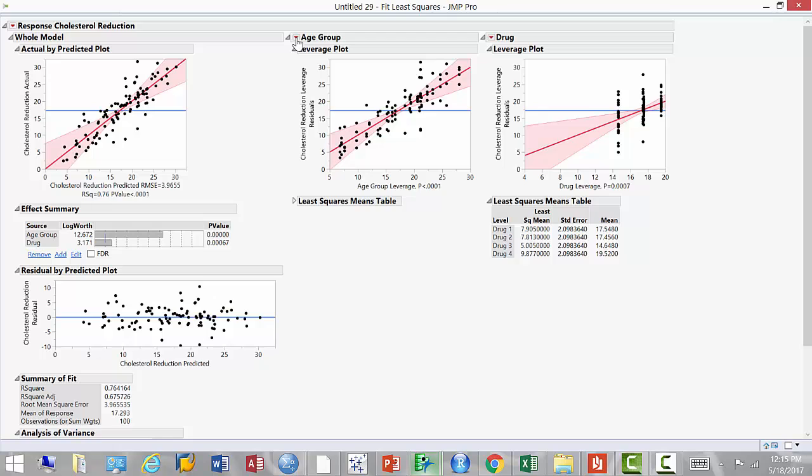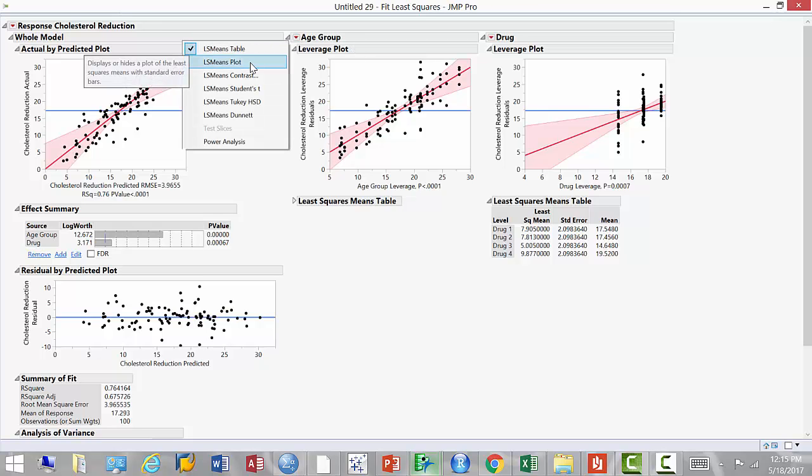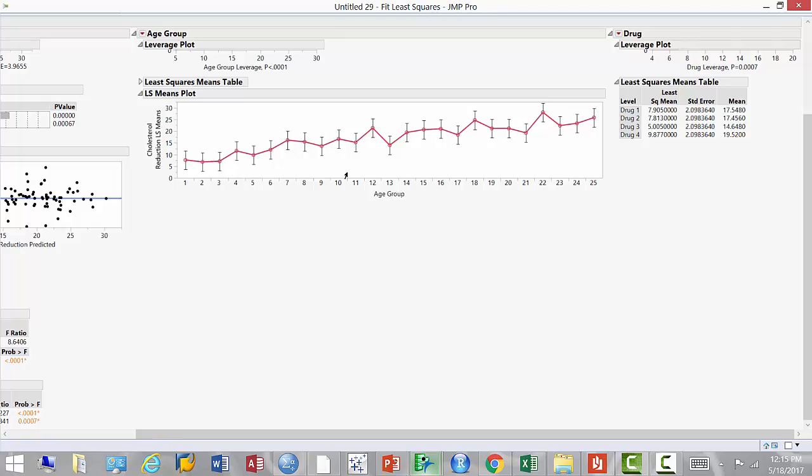So for example, for the age group, what I can do is ask for a least squares mean plot. Least squares means that for each level of my factor, I have 4 levels of drug and I have 25 levels of age, right? For each level, it will try to fit the best point inside this group. And then if I ask for the plot, this is how it looks.